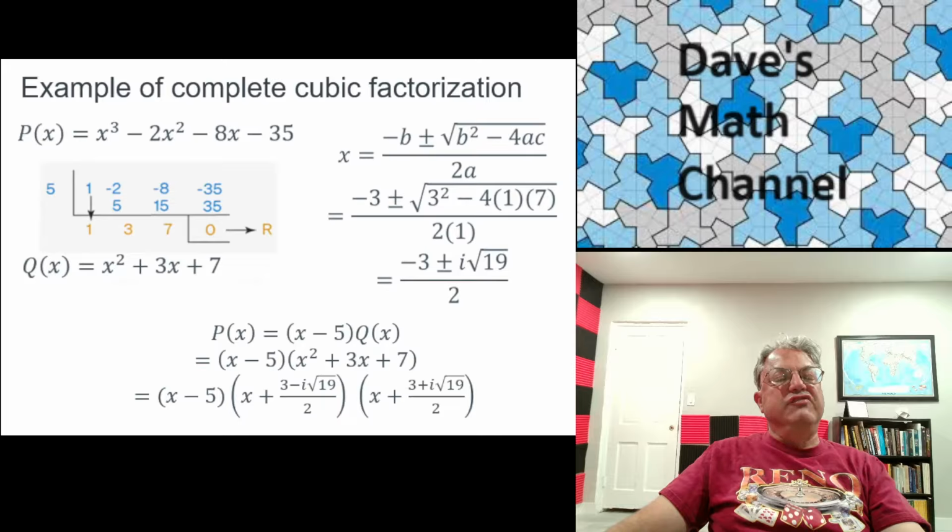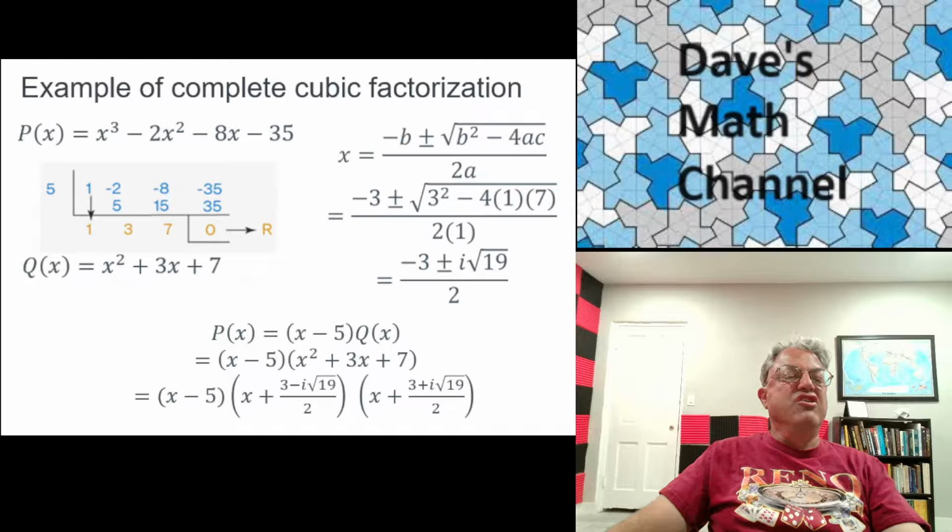Now to completely factor the cubic polynomial, we write p of x as x minus 5 times q of x. We've already factored q of x. It's just x minus each of these roots, so we negate the roots. It's going to be x plus 3 minus i root 19 over 2, and x plus 3 plus i root 19 over 2.